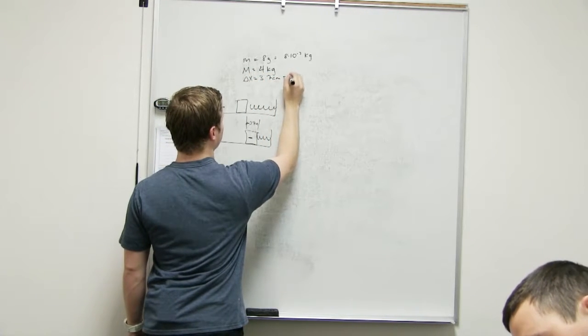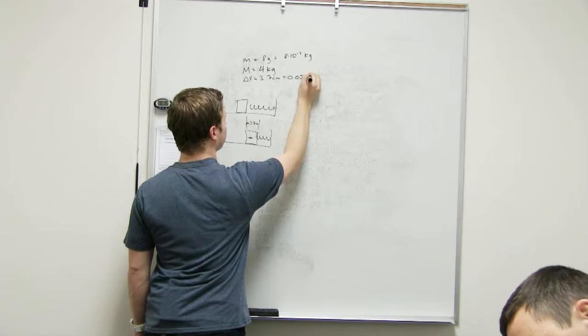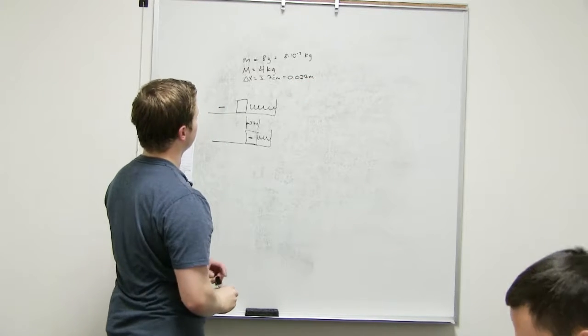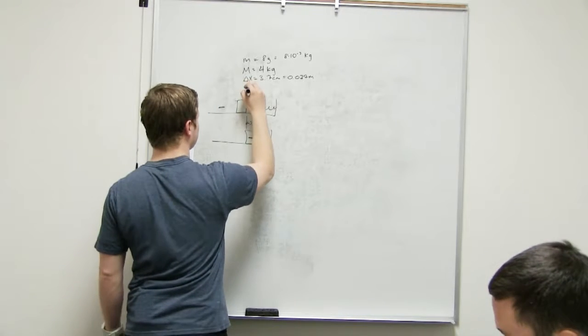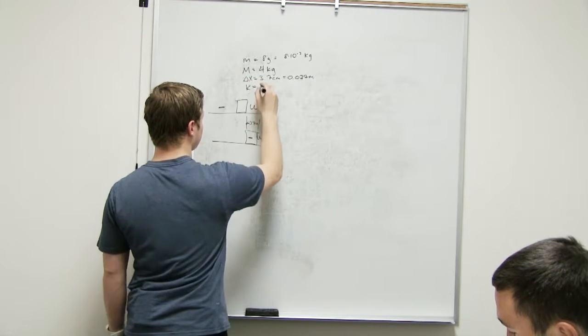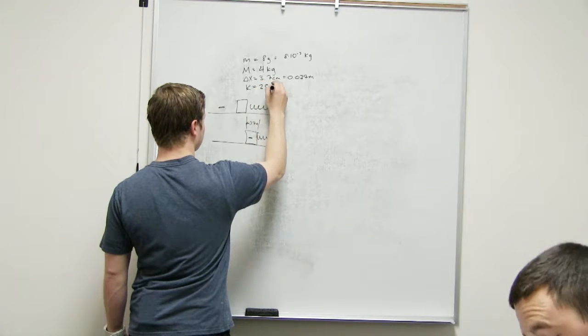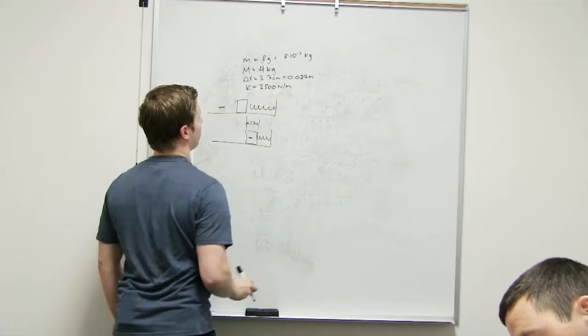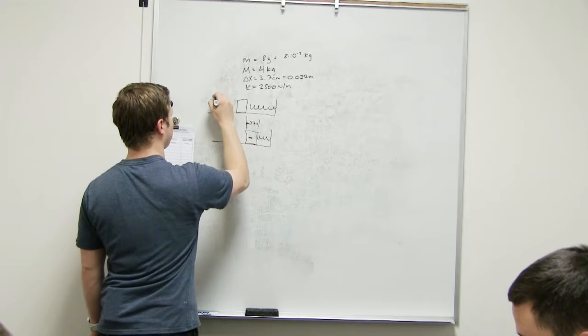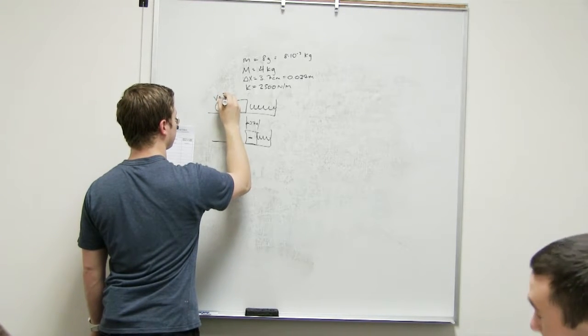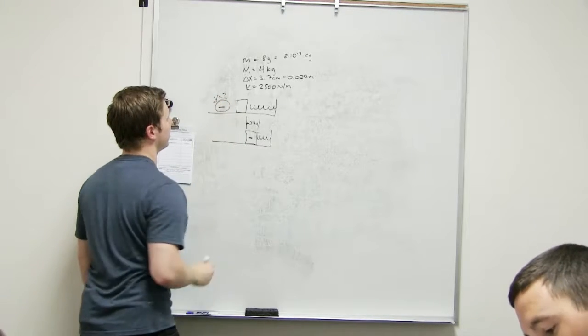It's going to be 0.037 meters. It's still a spring constant, right? The force constant of the spring is 2,500 Newtons per meter. And it wants to know what is the speed of the bullet. That's what we're looking for right there.